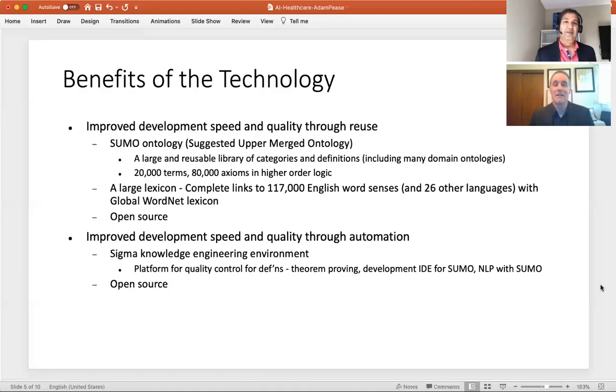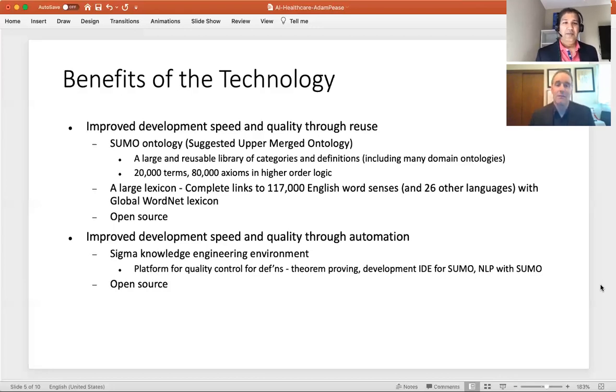If we have a language independent way to state and define things, as we now do with SUMO, we can then link in all these dictionaries so we don't have to do translation on the fly, and we can verify these things to a very high level of fidelity by humans. So this translation doesn't have to be done again and again and again automatically. So a very important resource.